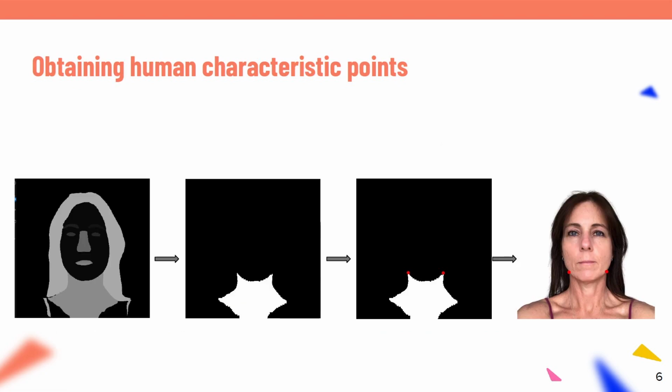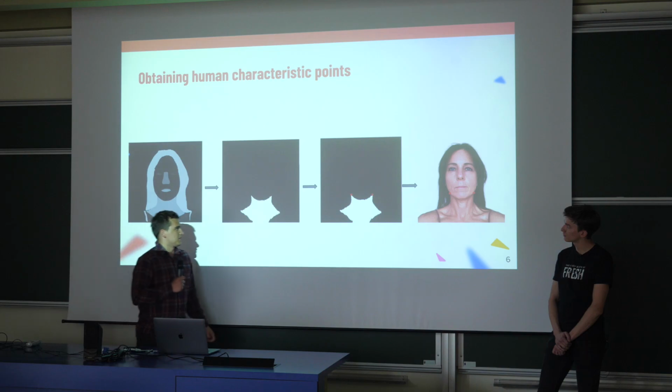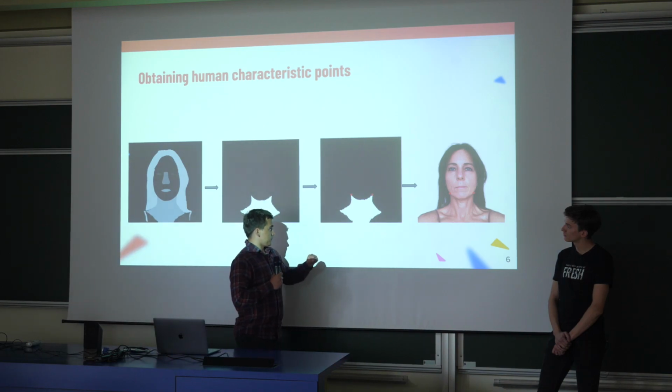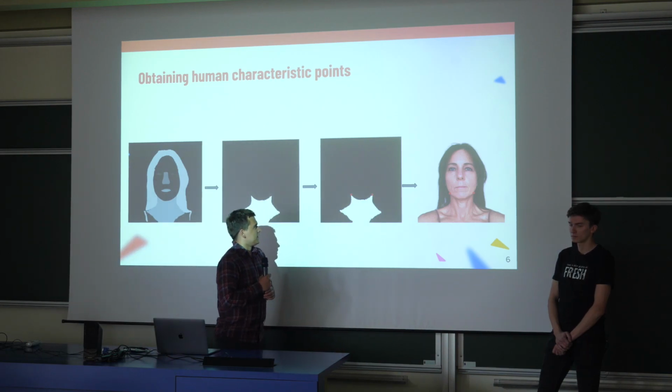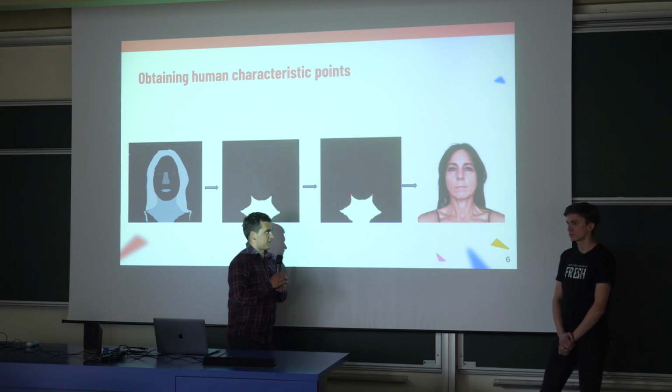And how do we do it? We use the segmentation on the neck, then do some convex hull on this, and then choose extreme points as the points to generate this mask and prepare the translations.